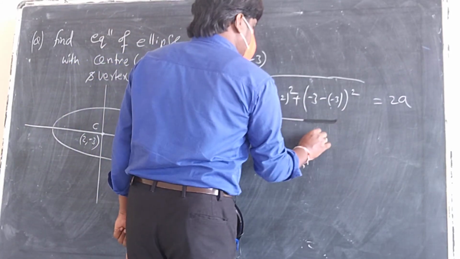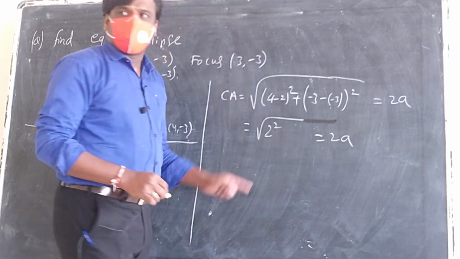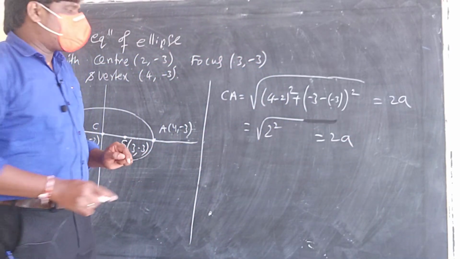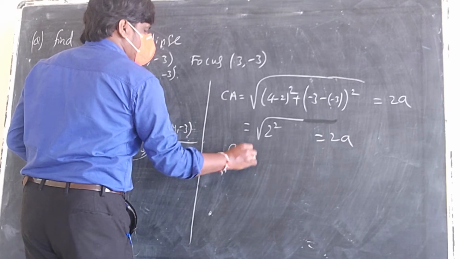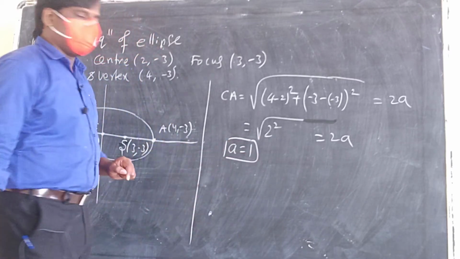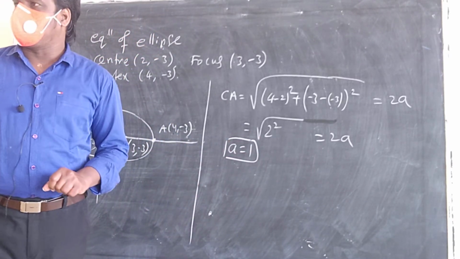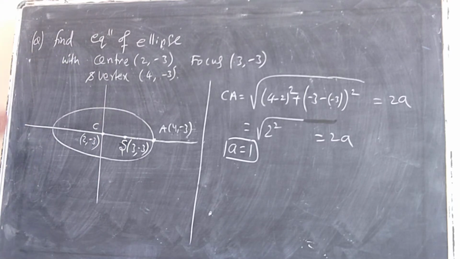So 2 square is equal to 2a. Square root of 2 square is how much? 2. So a is equal to how much? 1. A is equal to 1. So very less. A is 1 we got.